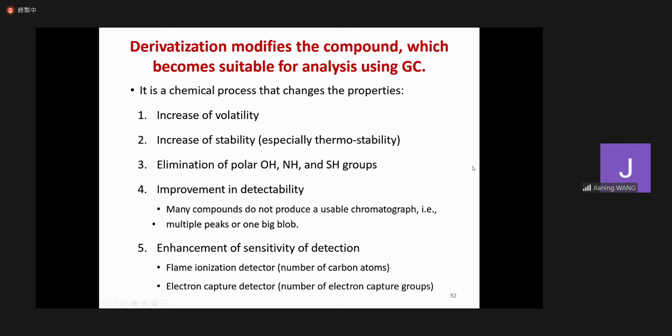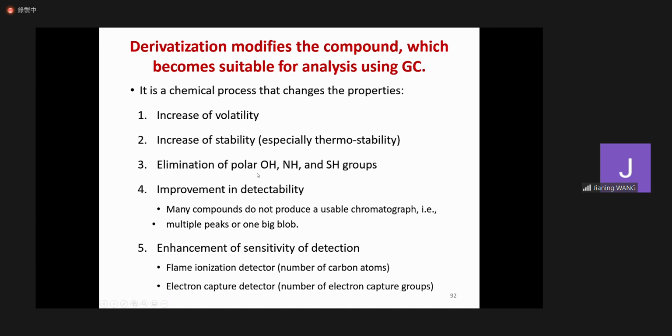So what we can do is target increasing the volatility or the stability. And point 3 is actually related to 1 and 2: eliminating polar groups can in turn increase stability and volatility.